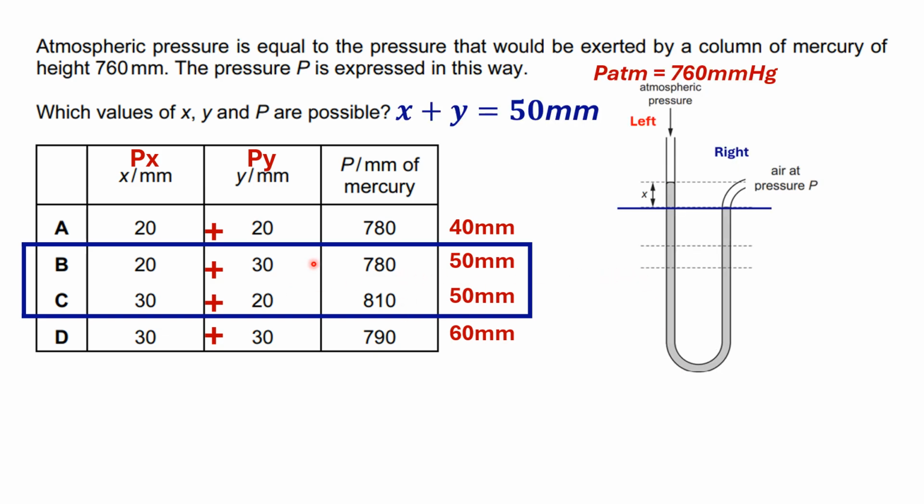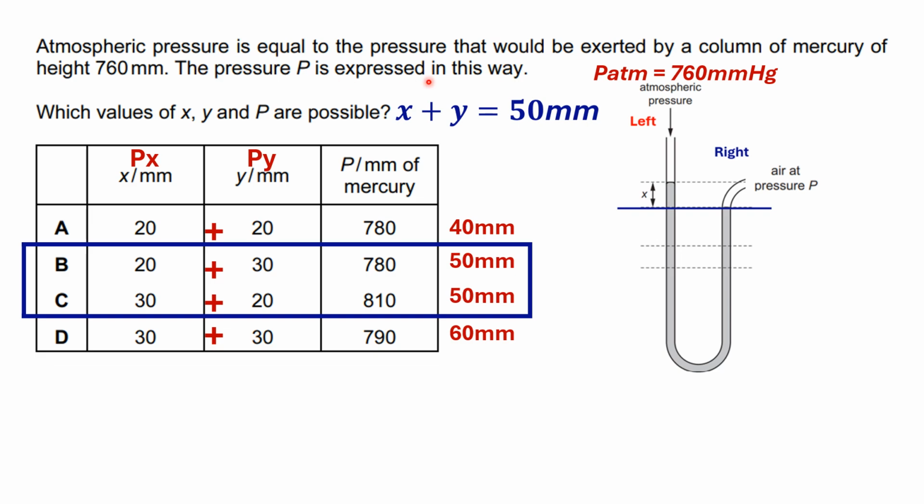To determine which option is correct, let me look at this U-shaped tube where we have the mercury level at x. Here the atmospheric pressure is equal to the pressure that would be exerted by a column of mercury of height 760 mm, which means that the atmospheric pressure is expressed as 760 millimeters of mercury.